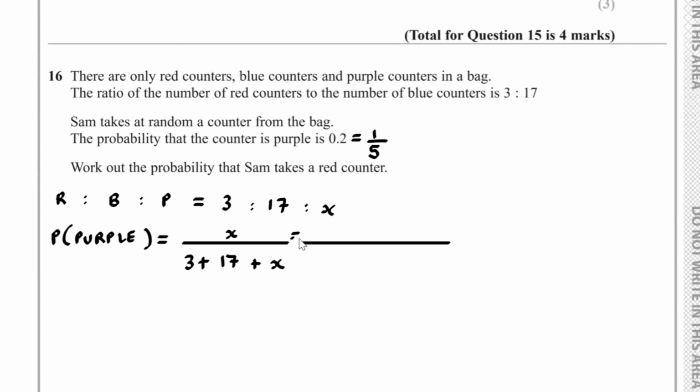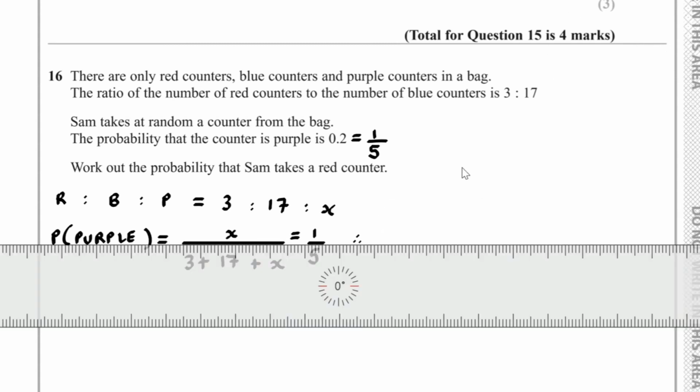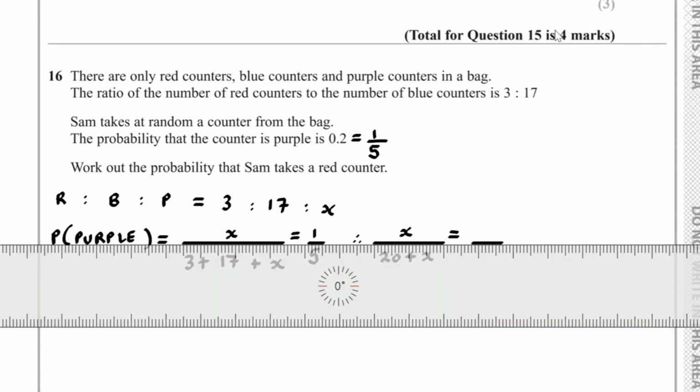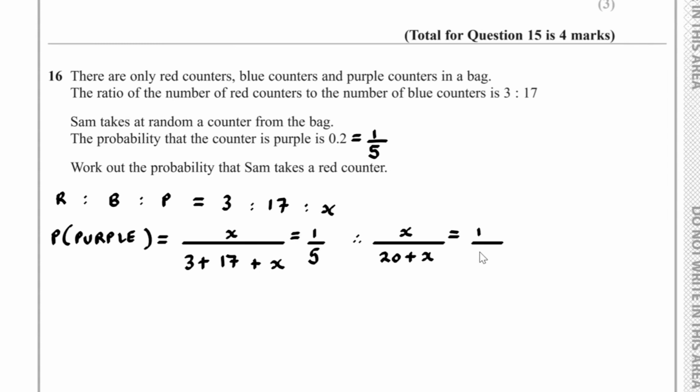And I know that this will equal 1/5. So from that, I can find out a simplified equation. For our simplified equation, we would have X over 20 plus X, and that's equal to 1/5.